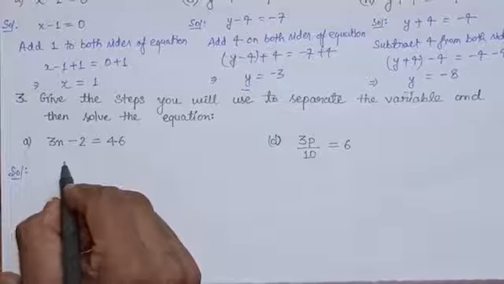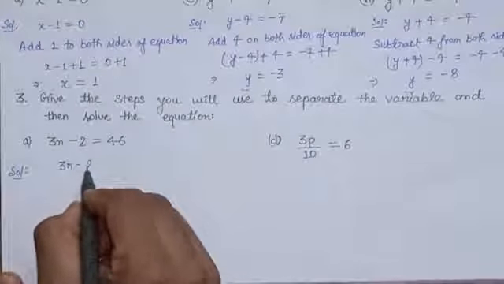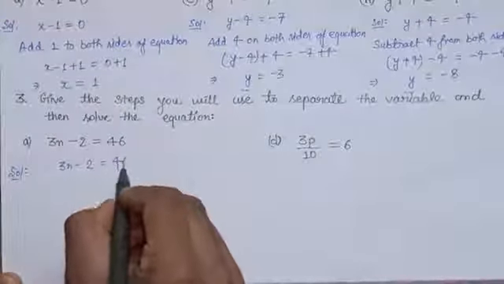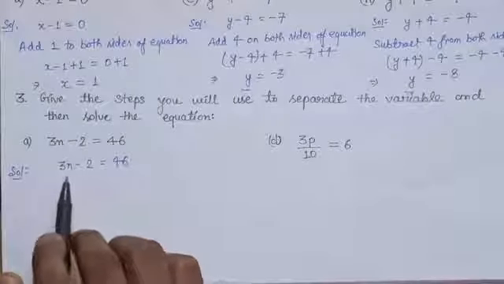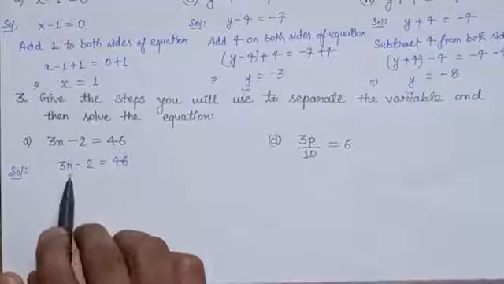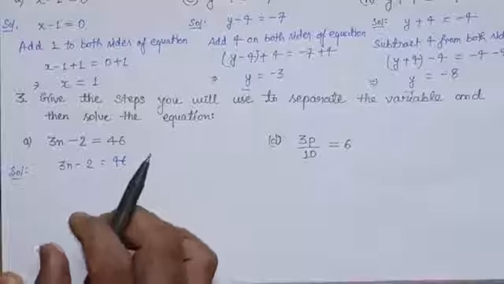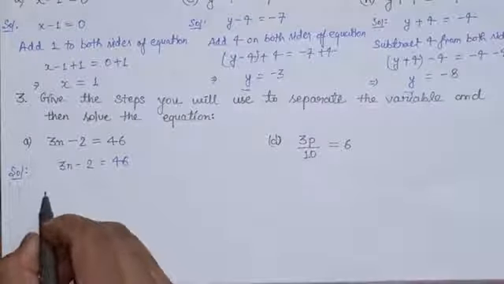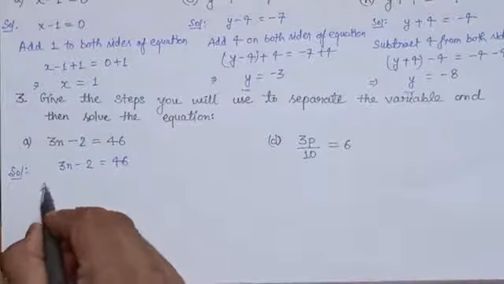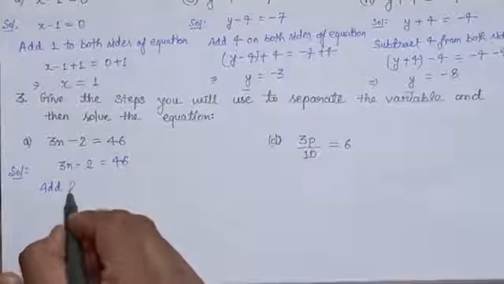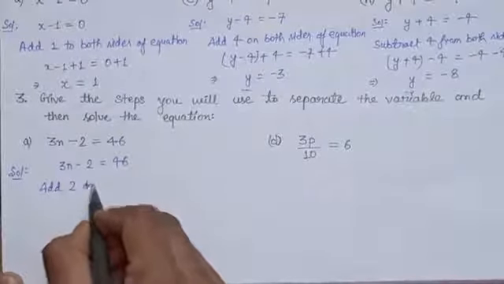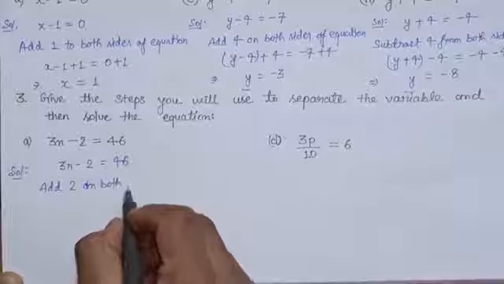So here we have given 3n minus 2 is equal to 46. Now it is clear from this equation that n is the variable. So we have to separate n on the left hand side. So our first step is that add 2 on both sides.